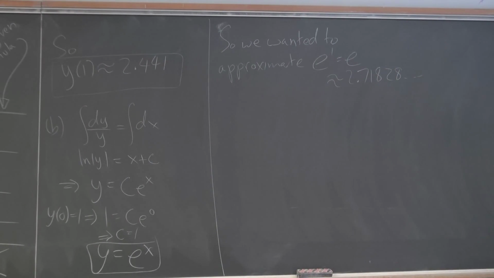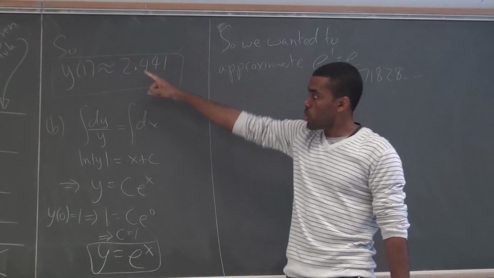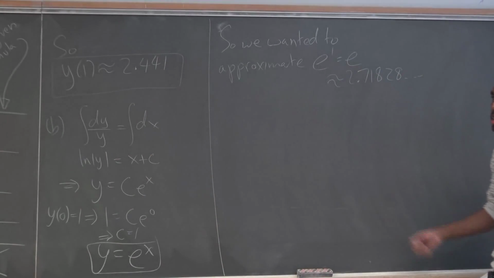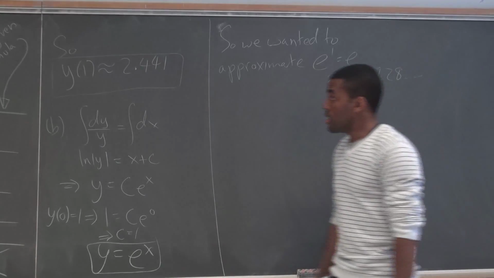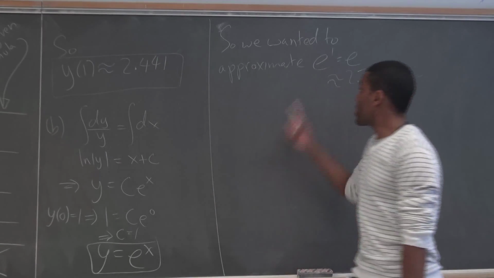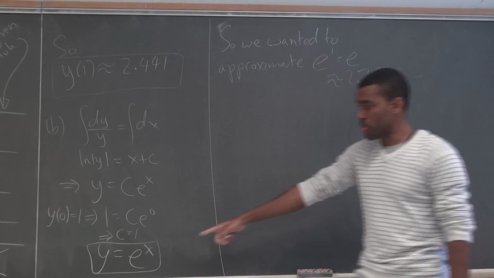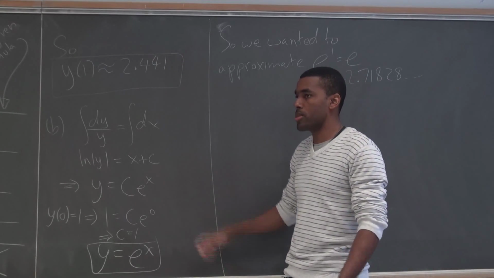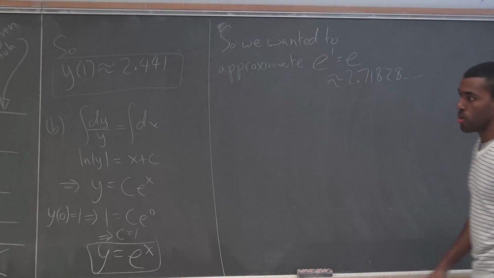It's an irrational number, a very famous one. And we were off by like 0.3, but again, we only took 4 step sizes. And e to the x actually changes really rapidly, so taking large step sizes will really get you far away from the answer.